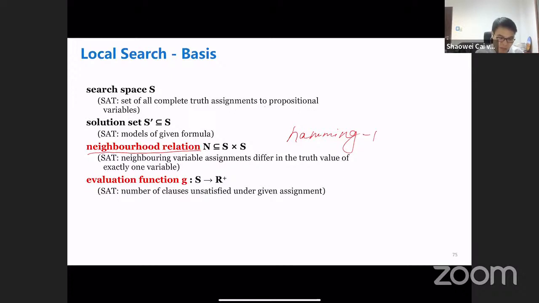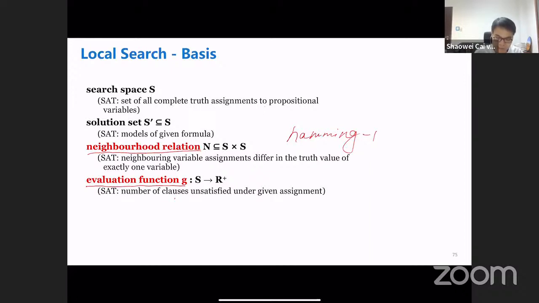Then how do we get a search to work in the network? We need a function to evaluate the quality of each point in the network. For example, we can define a function as the number of unsatisfied clauses under the given assignment. Now we get the evaluation function.